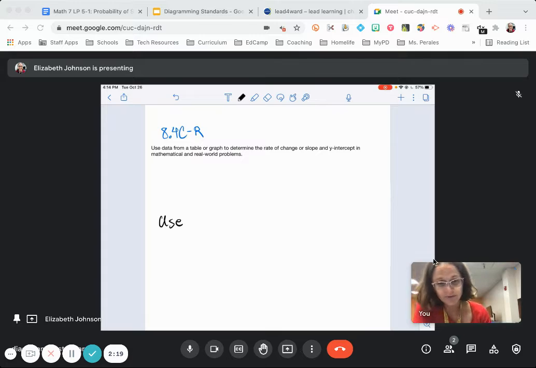Let's see. I noticed that my verb is use. I'm going to start out with use. And what am I using? I'm using data. And where is my data coming from? Well, it could come from a table or it could come from a graph. Okay. And let's see. I am then going to determine the rate of change or slope and y-intercept.